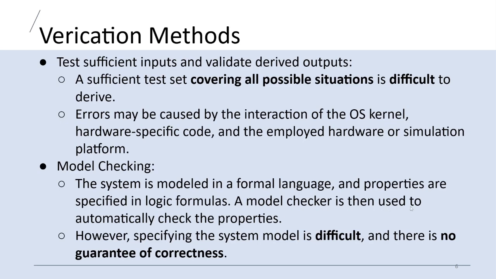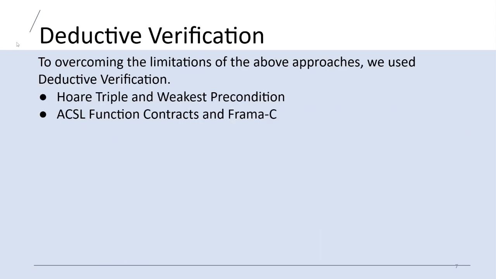A model checker is then used to automatically check the properties, but the problem is that it is difficult to specify the system model, and there is no guarantee that the model is correct. To overcome that, we talk about the next page, the limitation of the above approach.